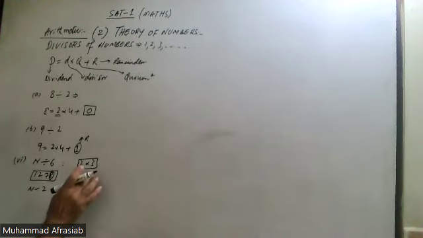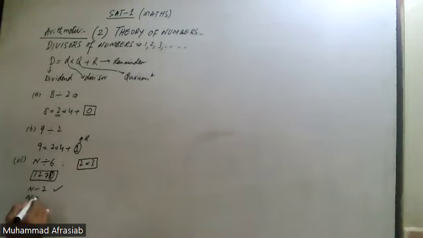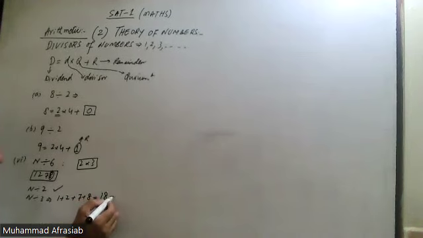And for 3, you take the sum 1 plus 2 plus 7 plus 8, which is equal to 18, which is divisible by 3. So this number is also divisible by 3. So this number 1278 is divisible by 6.